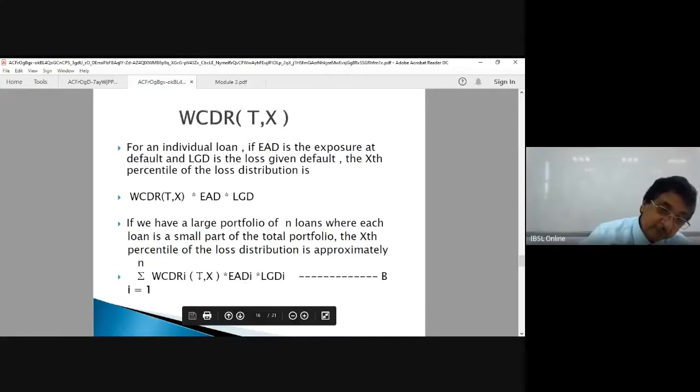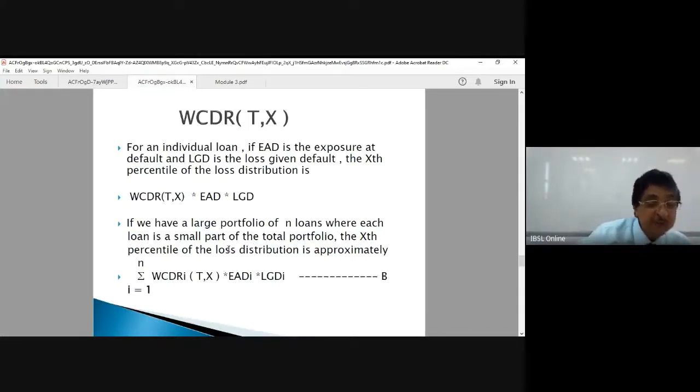But in a scenario where the downturn is so severe, we can just say all the loans will have the same worst case default rate.